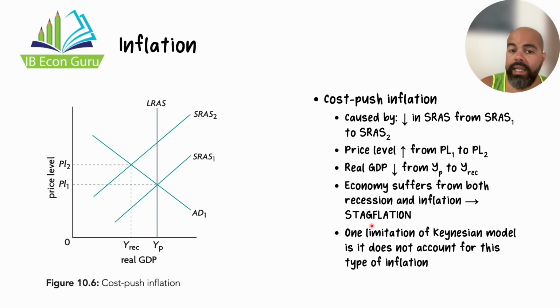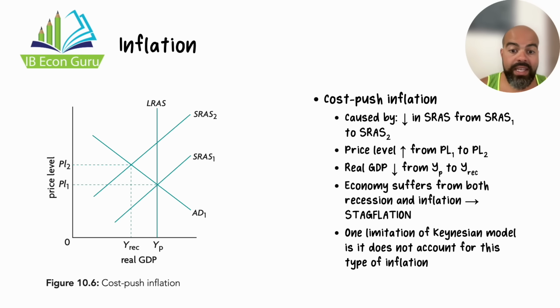Now, one limitation of the Keynesian model. Remember, these models, whether it's monetarist, neoclassical, or Keynesian, it's not that one model is right and the other is wrong. Both models have their strengths and their limitations. One limitation of the Keynesian model is that it does not account for this type of inflation.